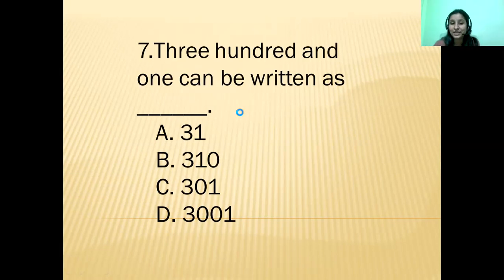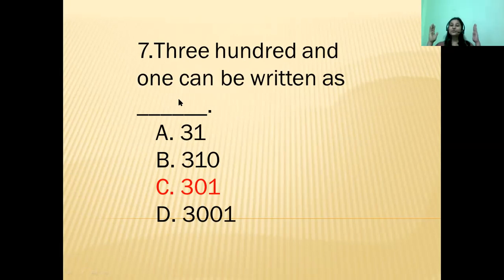And the correct answer is option C, 301. Here we have the hundred place and we have the ones place. But what about the tens place? We should not skip the tens place. If the hundred place is there and the ones place is there, we cannot skip the tens place.